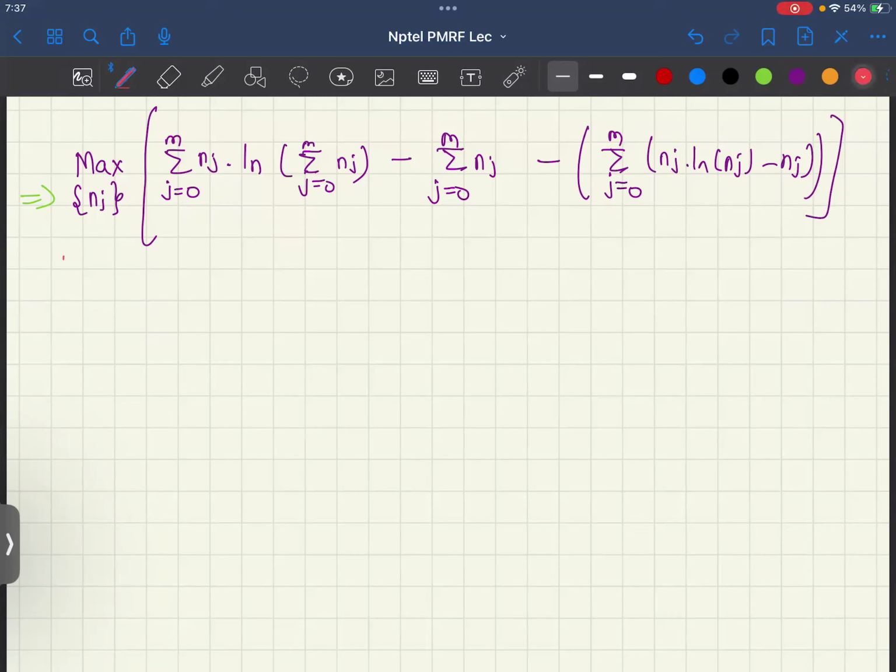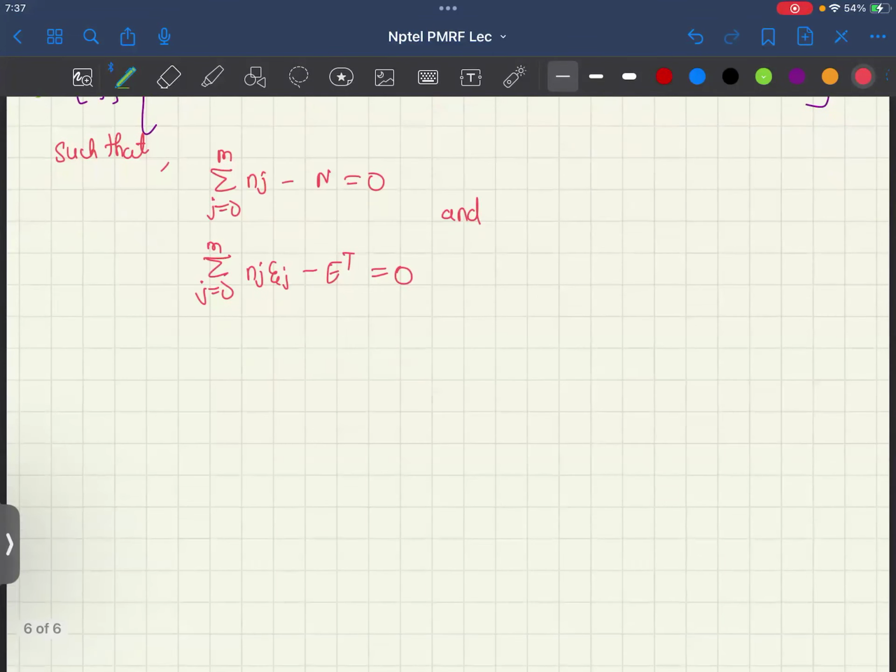And what are the constraints? Just that summation j equals 0 to m of nj minus n is equal to 0 and summation j equals 0 to m of nj epsilon j minus et is equal to 0. Again we are going to simplify and open up the brackets.